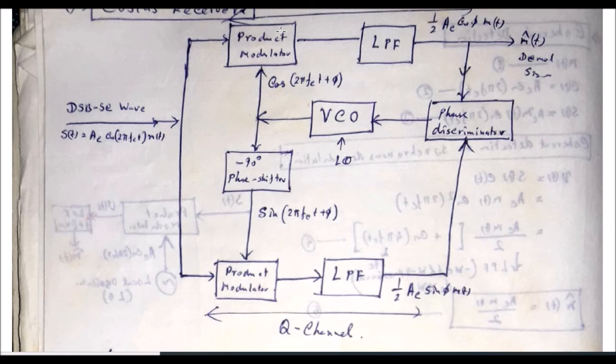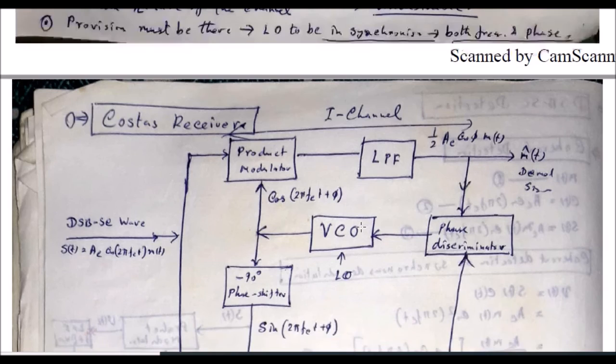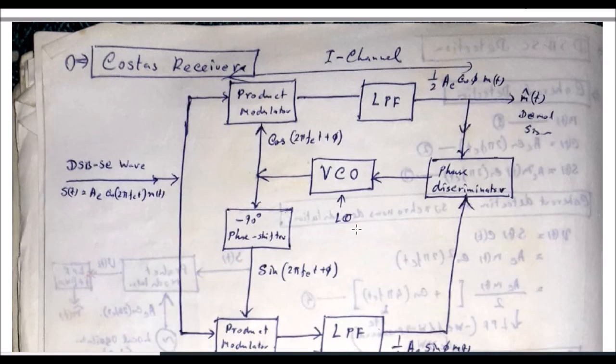This phi will be introduced to the product modulator by means of cosine in the in channel and the sinusoidal wave in the Q channel of this receiver. So again it will be compensated. In this way the time varying phase problem can be normalized.